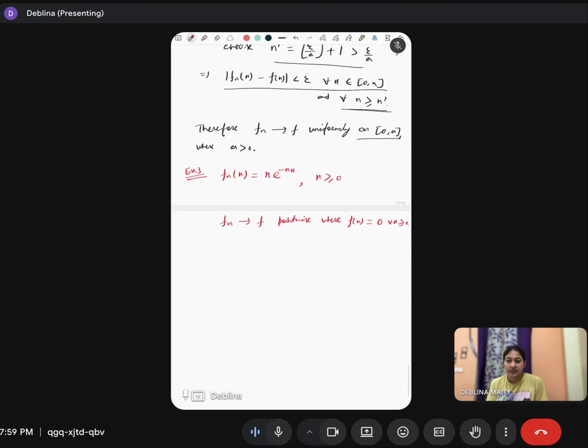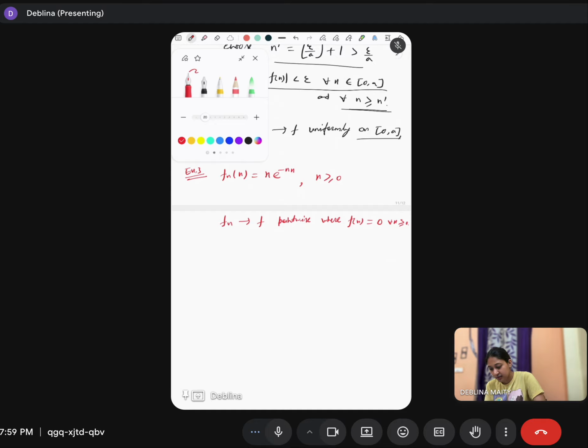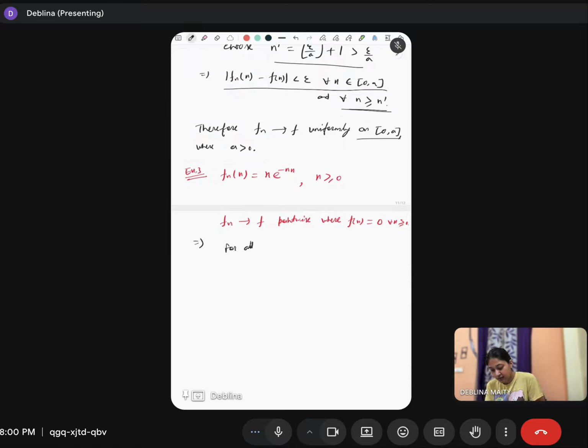Now we'll check for the uniform convergence, right? So for all x greater than or equal to 0, mod of fn(x) minus f(x) equals what? This is x e to the power minus nx, because f(x) is 0.